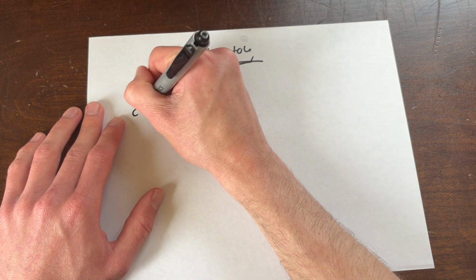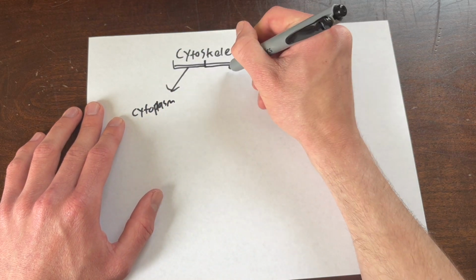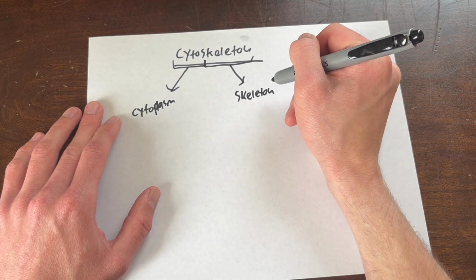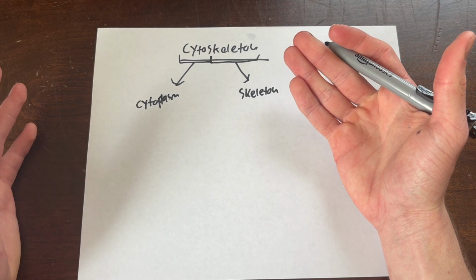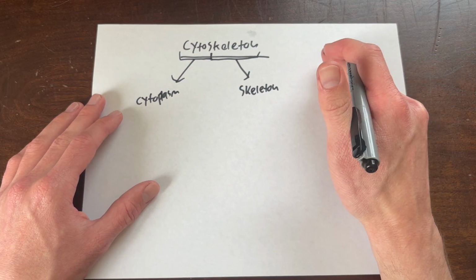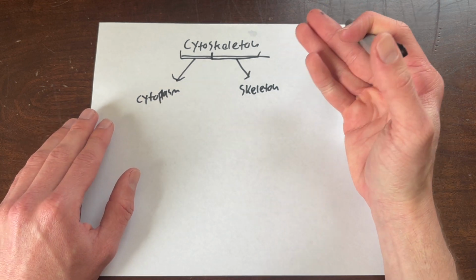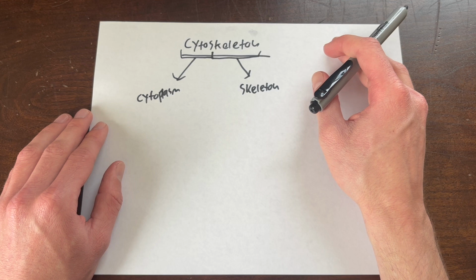Cyto, like cytoplasm. Skeleton, like skeleton. It's really important for the MCAT that you break things down, because a lot of the MCAT is just being able to think about things. They're going to throw a lot of words at you, a lot of stuff that you've never covered before, and you're going to kind of have to figure it out on your own.